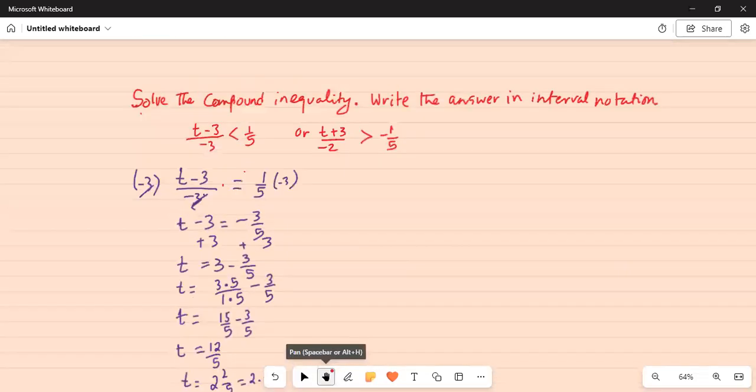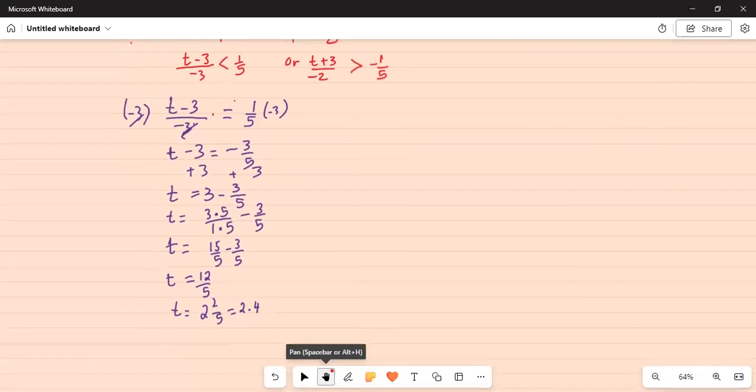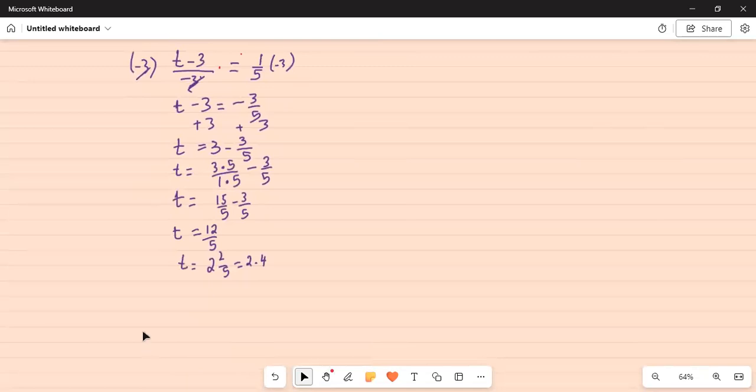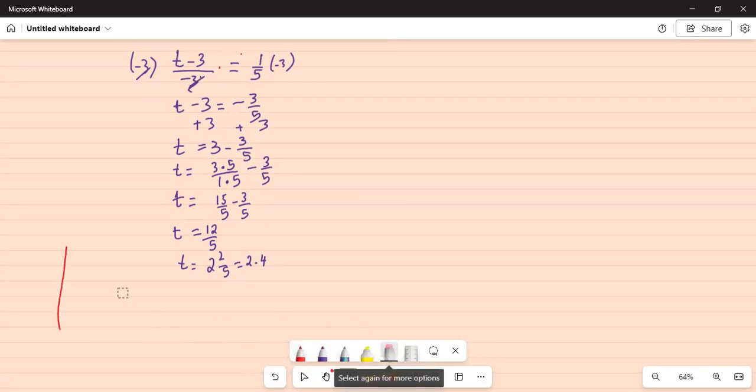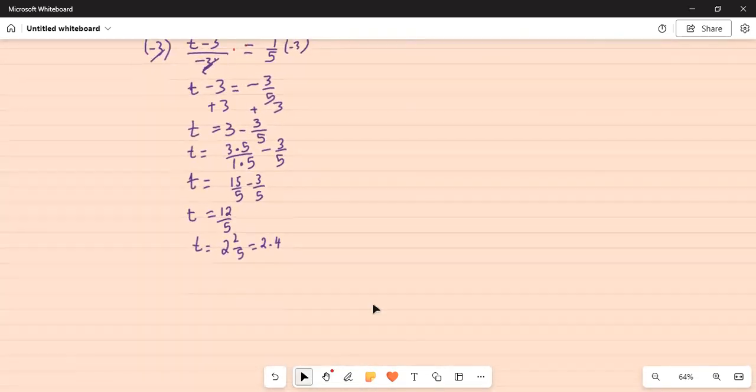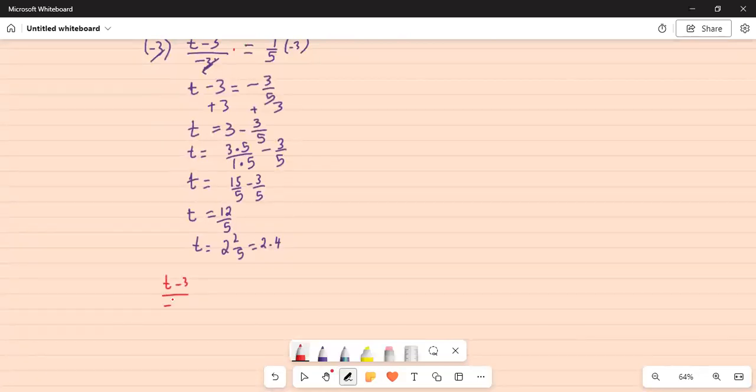Let's check this inequality on the left by taking a t value less than 2.4. My inequality is (t minus 3) divided by minus 3 should be less than 1/5.